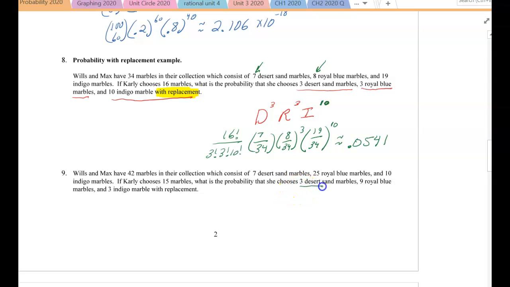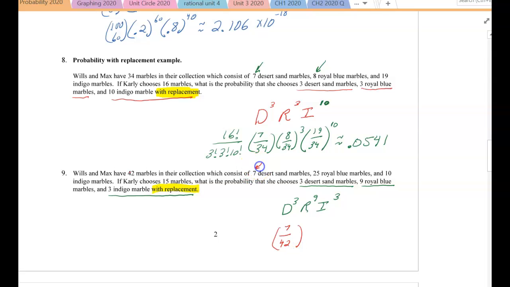So for problem number 9, we want 3 desert sands, so I'll say D cubed again. 9 royal blue, so I'll say R to the 9th. And 3 indigos. Again, key word there, with replacement. So the chance of getting a desert sand is 7 out of 42.